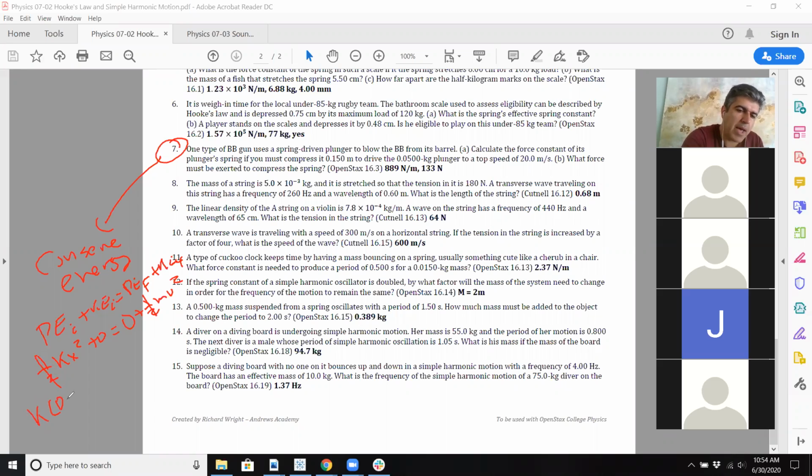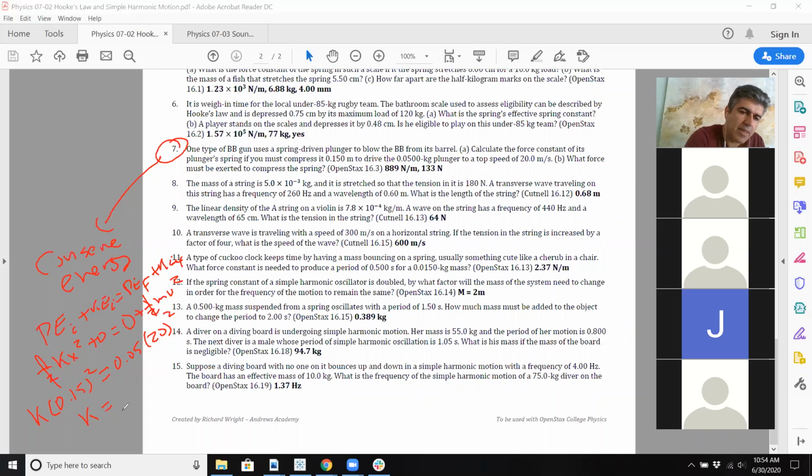Again it compresses 0.15 meters, the mass is 0.05, and the velocity is 20 squared. That's what happens here: 0.05 divided by 0.15, divided by 0.15 again, times 400.